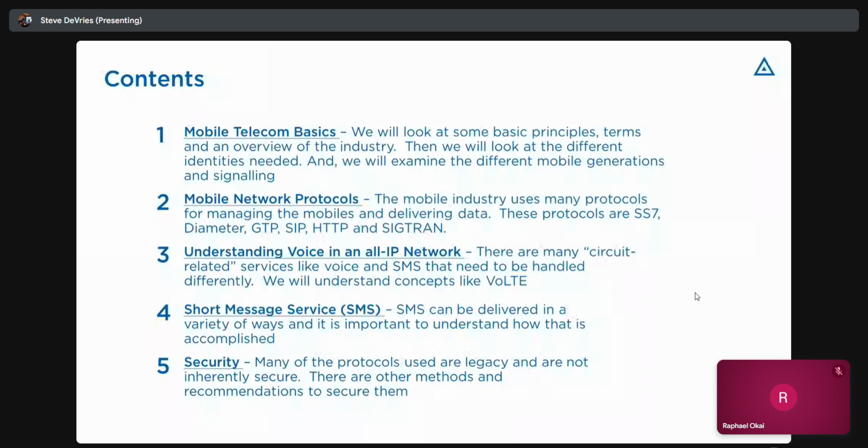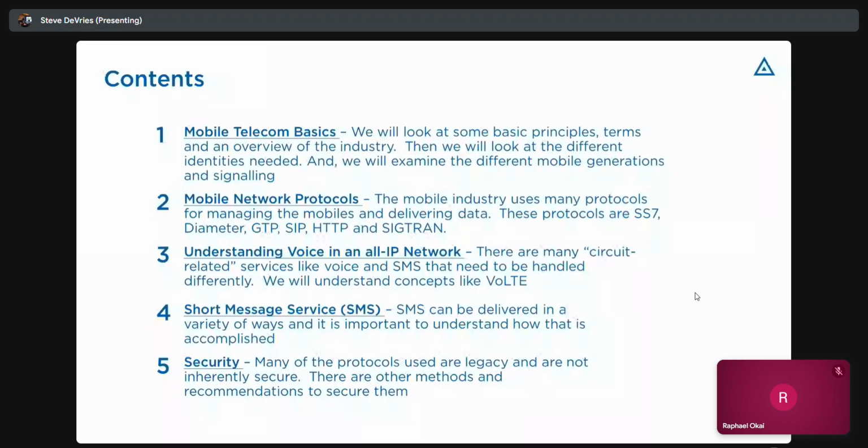They're legacy protocols, written sometimes 20, 30 years ago for other uses, and they're used now in the telecom world. So they're not inherently secure protocols. Different steps have to be taken to ensure that the messages coming to any one network are really from who they say they're from, not from someone that's just trying to get some information in the network.